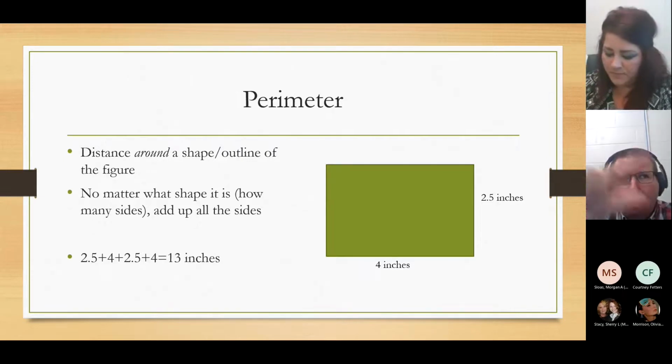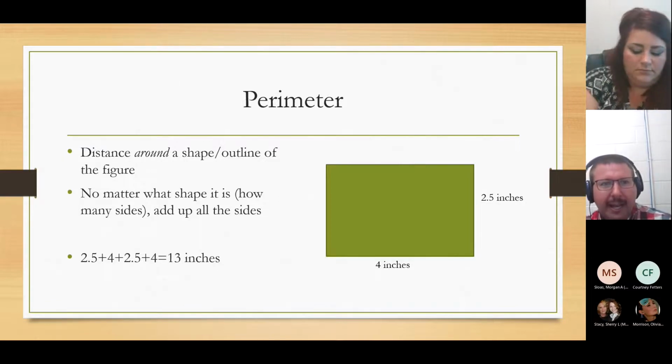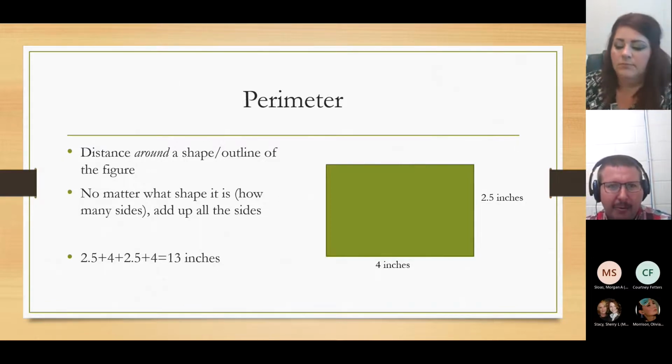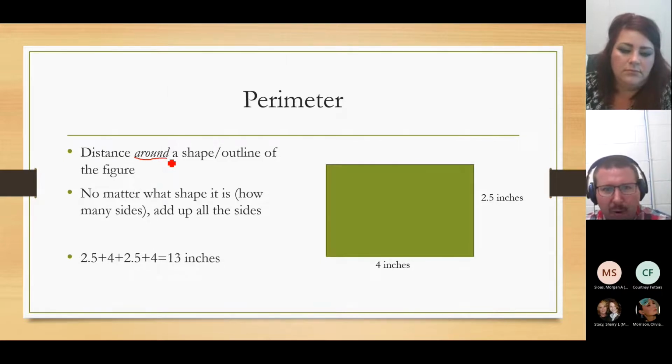If I was going to put wallpaper border around this room, or wood bordering around the room, I'm going to calculate the perimeter. The perimeter is the distance around, that's the key word. No matter what kind of shape it is, it's the distance around the shape.